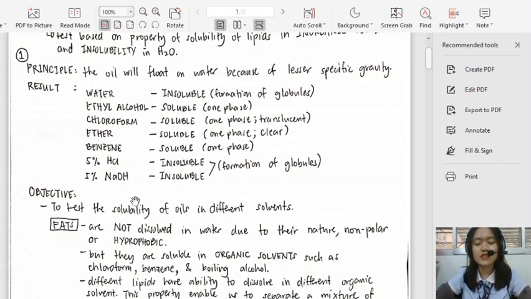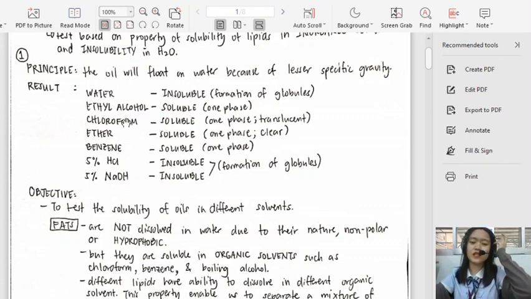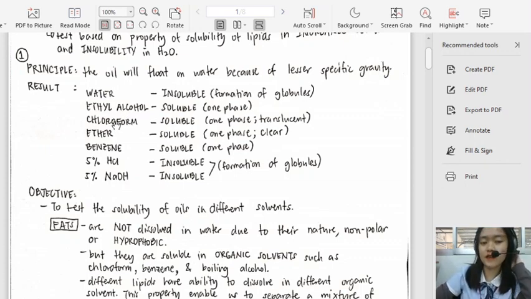So, kasali yan sa sagot ninyo. HCl lang or NaOH is considered wrong. For example, tinanong kayo what are the different reagents found in subtest 1 in solubility test. So, dapat included yung 5% HCl, 5% NaOH.